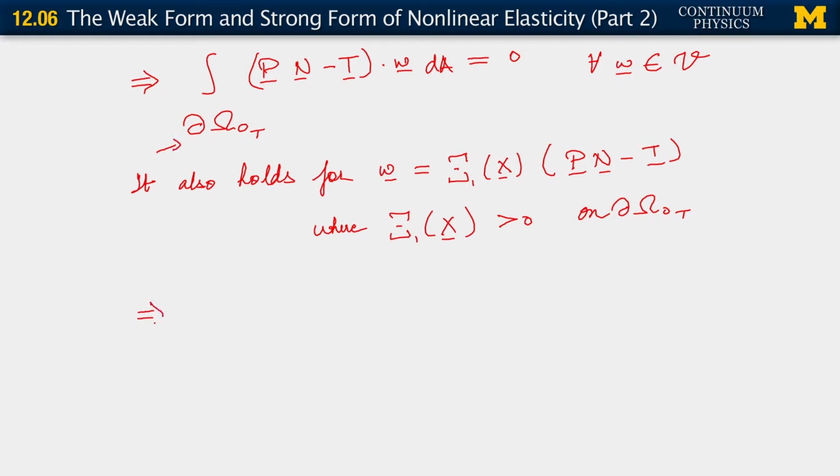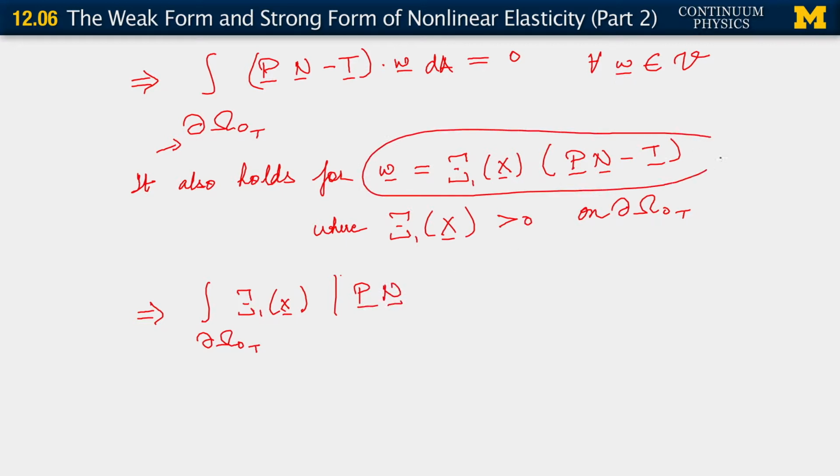So again, this means that we have integral over the traction boundary chi1 of x times, just as we did before, when you use the fact that we're considering this particular form for W, we get, again, this term is greater than 0, this term is greater than or equal to 0.